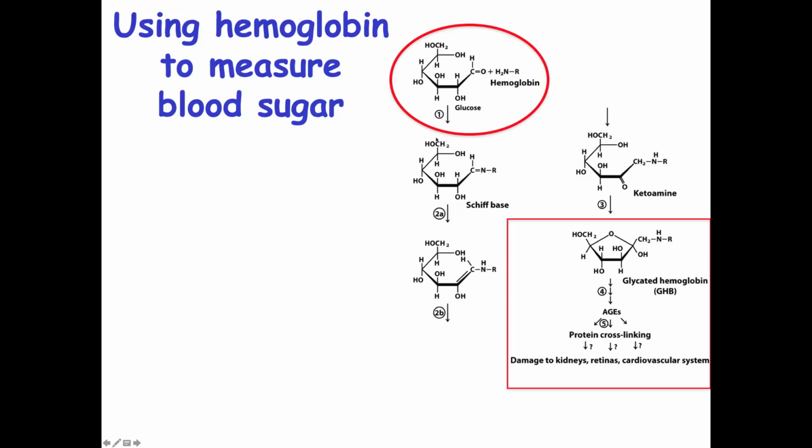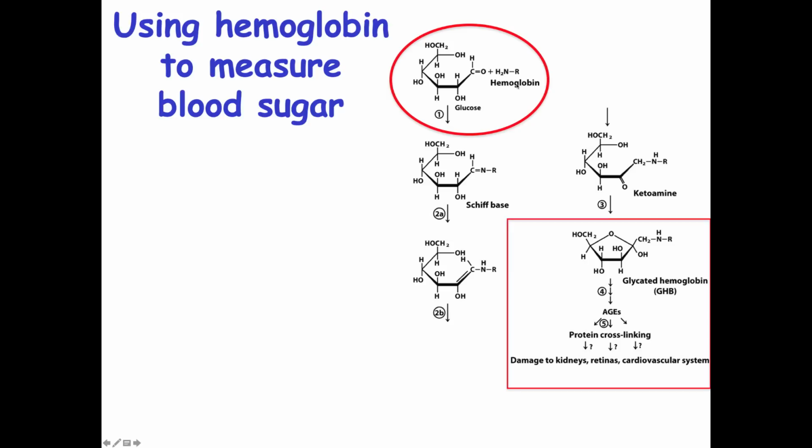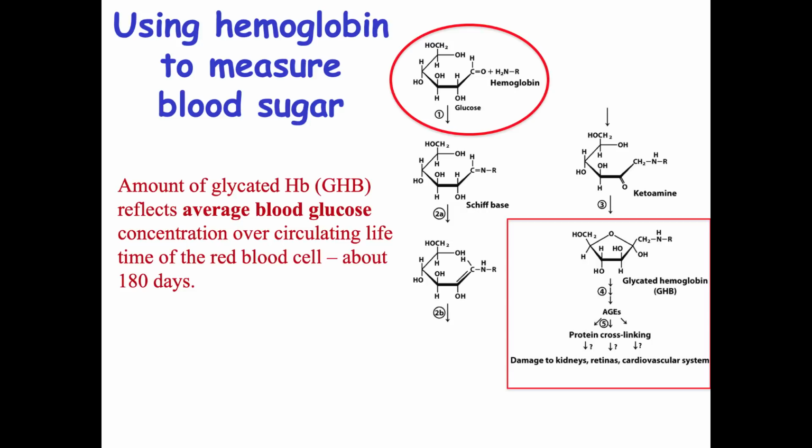Basically, there's a non-enzymatic reaction that occurs between the amino group of hemoglobin and glucose. I'm not worried about all of these intermediates, but the important thing to note is that you get a covalent modification of hemoglobin, and we call this glycated hemoglobin. The amount of glycated hemoglobin reflects average blood glucose levels over the lifetime of the red blood cell, which is about 180 days.